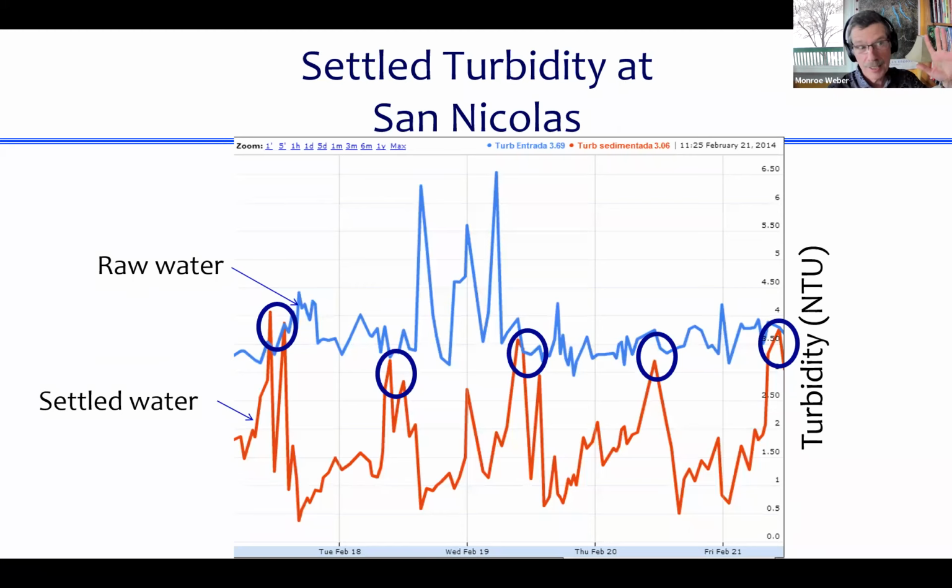Now, do you see what happens? You got warm, buoyant water, and it just races to the top. And it goes to the top so quickly that there's not a chance for the flocs that it's carrying to either get caught up in the floc filter or settle out in the plate settlers. So that was an interesting insight.